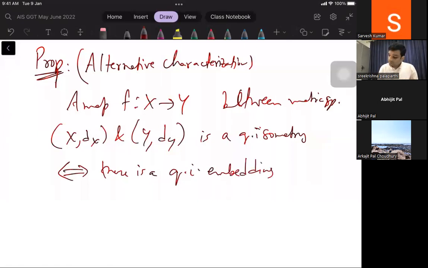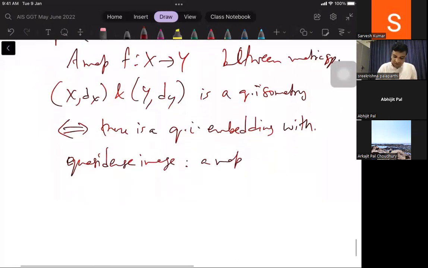F is a quasi isometry if and only if there's a quasi isometric embedding with quasi dense image. What is a quasi dense image?